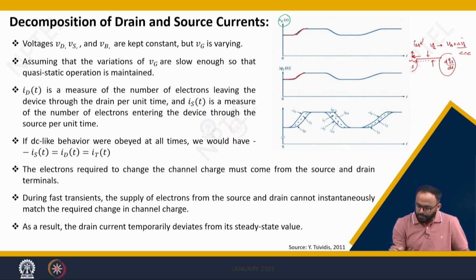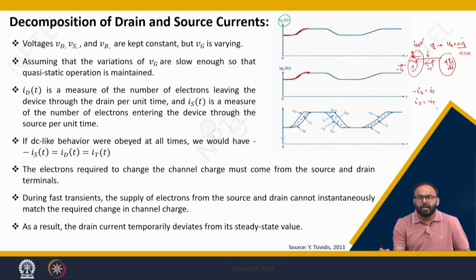So, we are defining that when the gate voltage increases, then the gate charge or inversion charge should increase. In support, the current will follow this dotted path. However, if you see the picture at the source side, the current is IT, in response to this IS flowing in this side, or you can take minus IS is equal to IT, or IS is equal to minus IT.